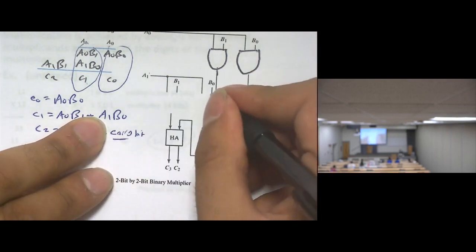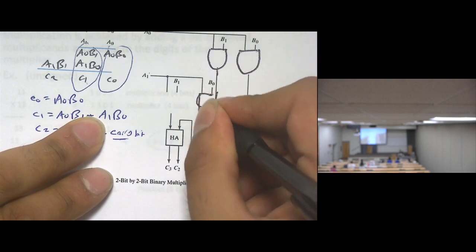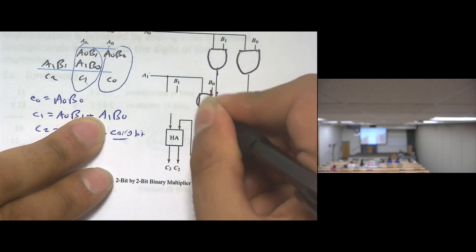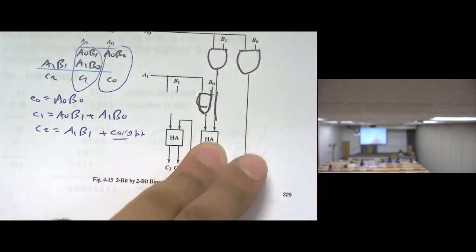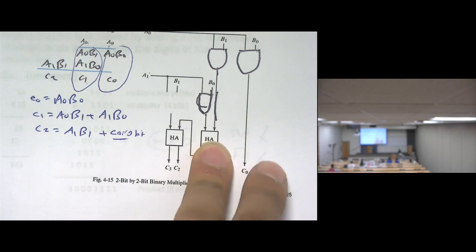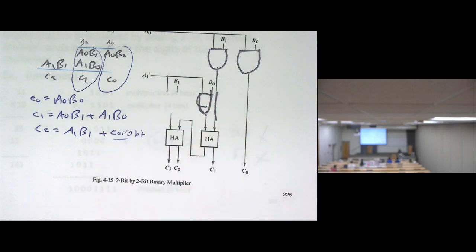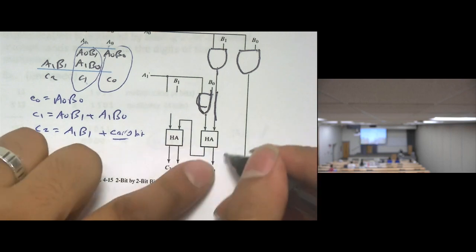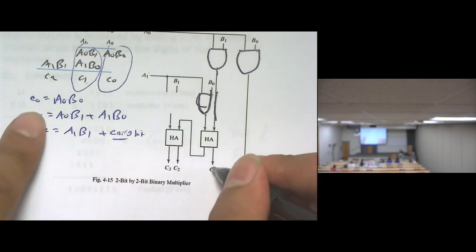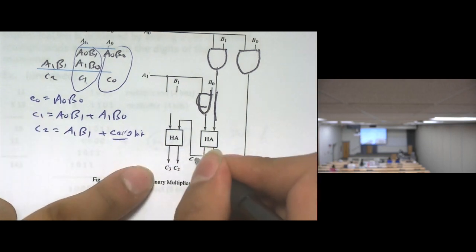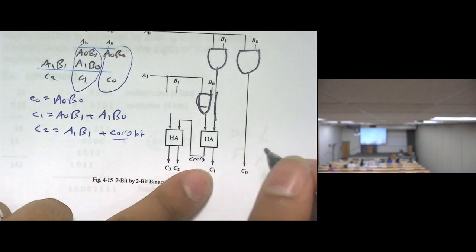A1, B0. Then this is the second input, right? A half adder can handle 2 inputs, right? We don't need a full adder because we have only 2 inputs. So the output of the adder is C1 that we need, and this is the carry, right?